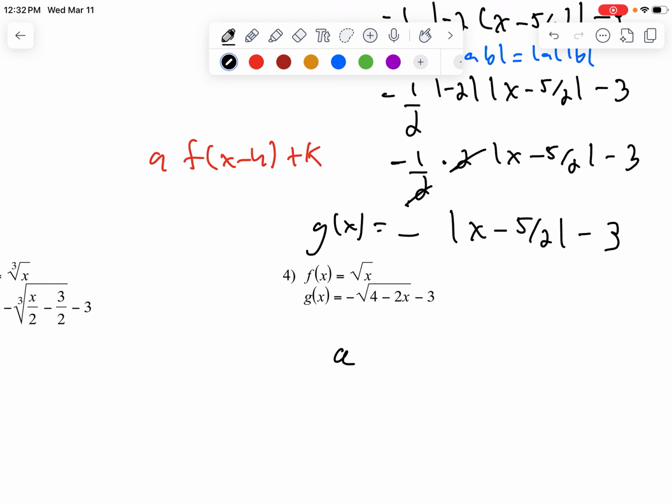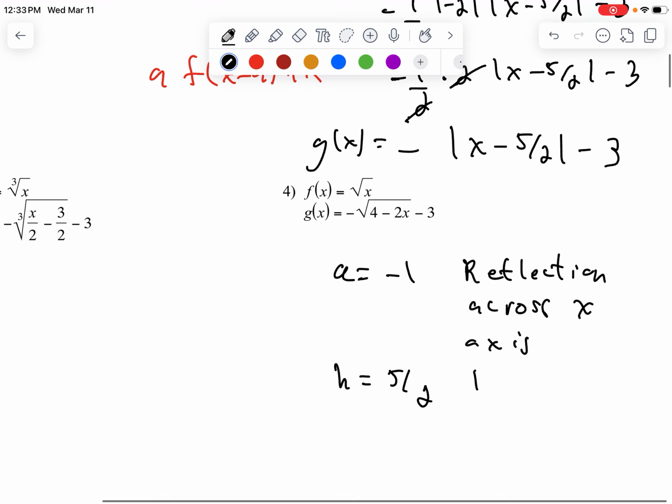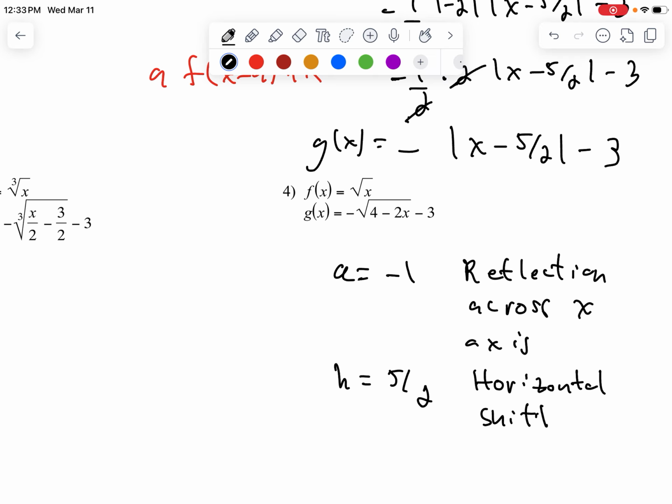So in our case a is minus 1, so this stands for a reflection across the x-axis. We have h is 5 halves, and that is a horizontal shift to the right. If your h is positive, it's to the right.